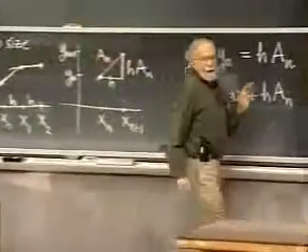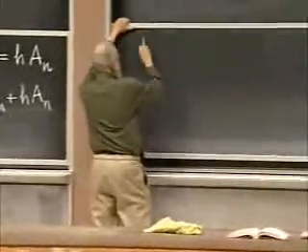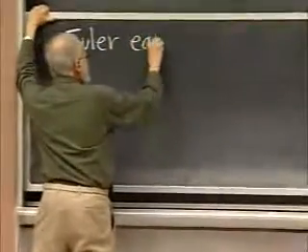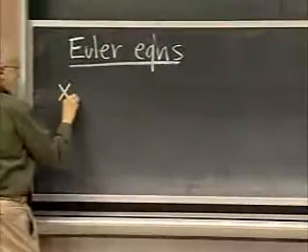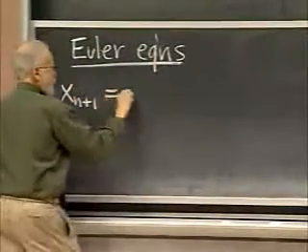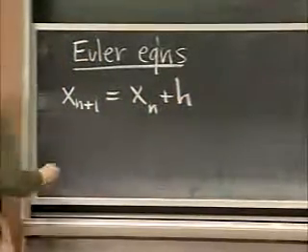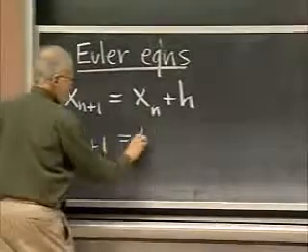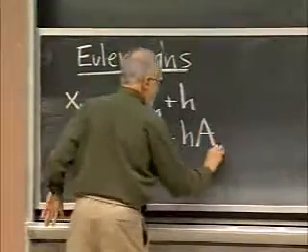Well, the computer has to be told that an is the value of f. So now, with that, let's actually write the Euler program. Not the program, but the Euler method equations. Let's just call it the Euler equations. What will they be? First of all, the new x is the old x plus h. The new y is just what I've written there: the old y plus h times a certain number an.